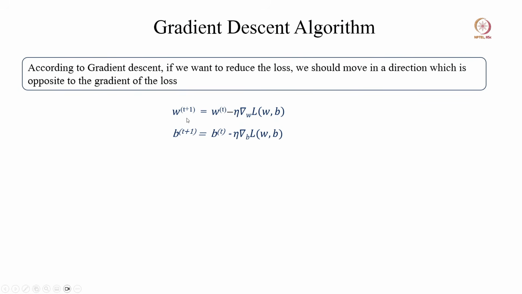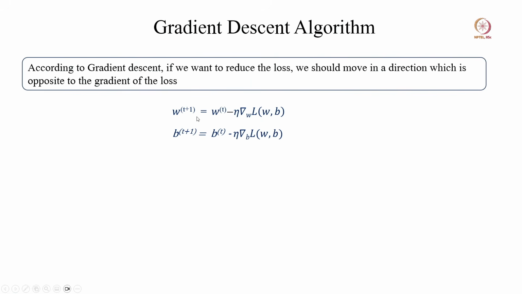Suppose we have the weights at time t plus 1, then that is equal to Wt, the weights at time t, minus eta times the gradient of L with respect to the weights. That is my new weight.